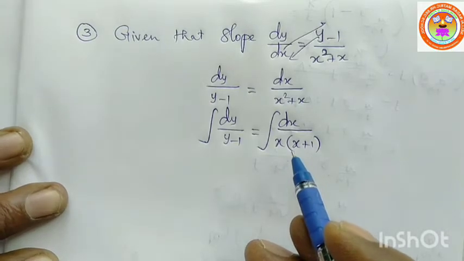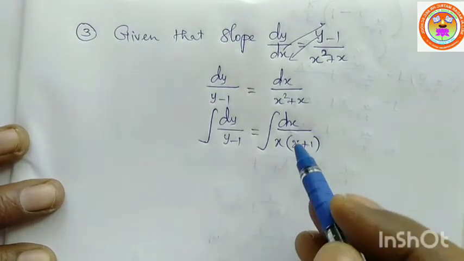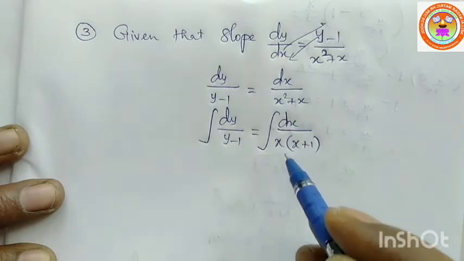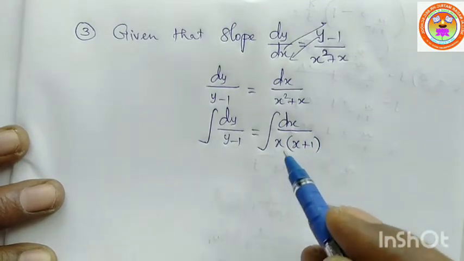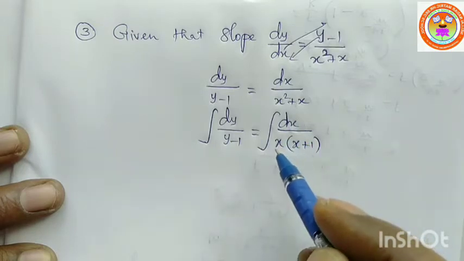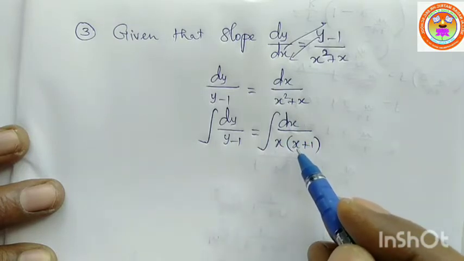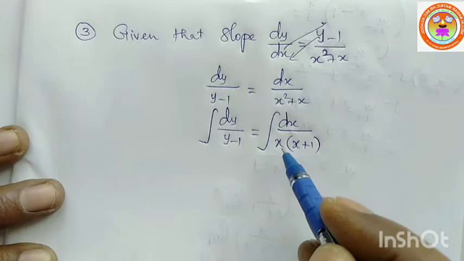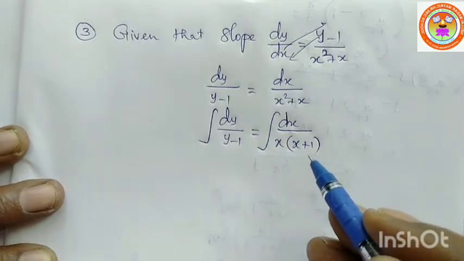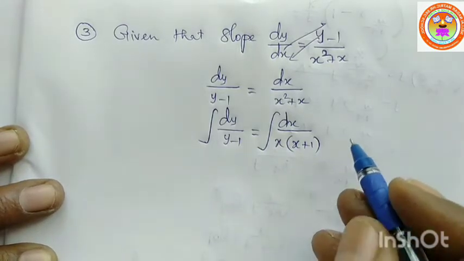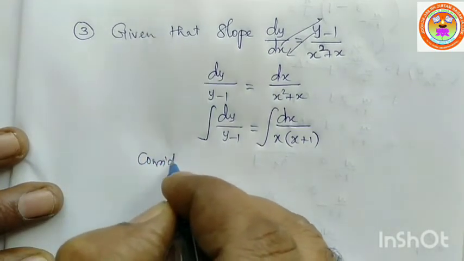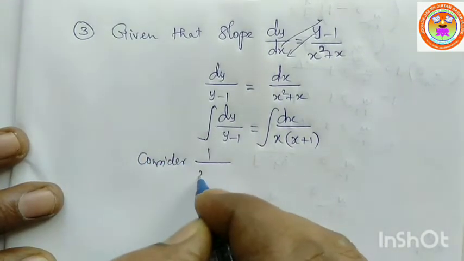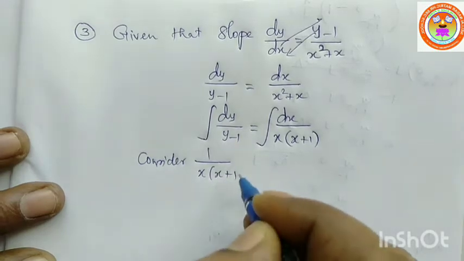So, first we are going to consider this term 1 by x into x plus 1. We are going to split this term 1 by x into x plus 1 as sum of two terms with the help of partial fraction. So consider the term 1 by x into x plus 1.